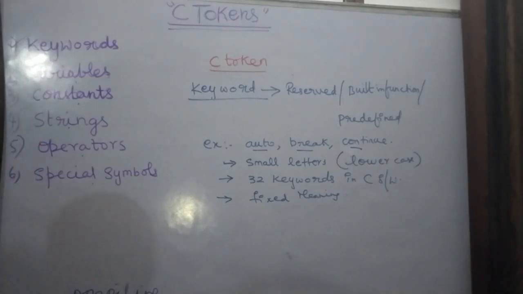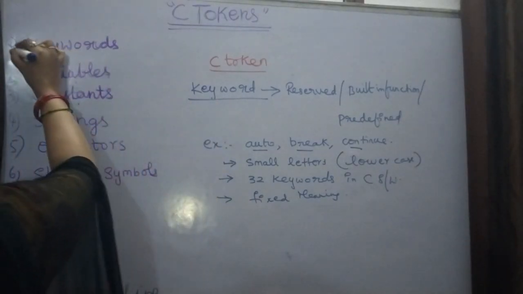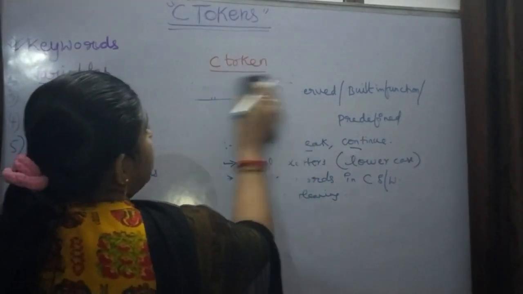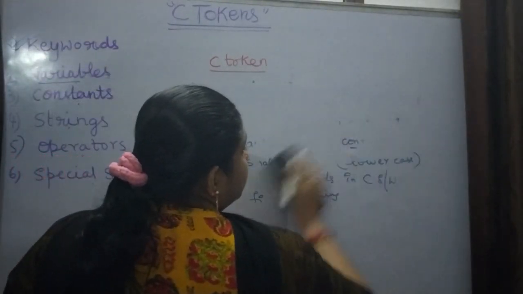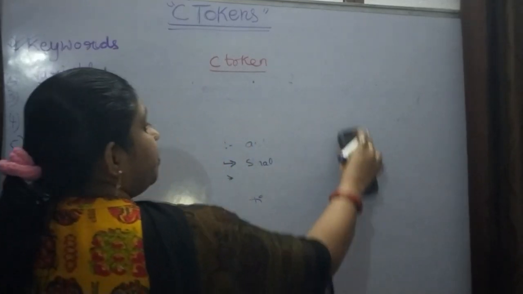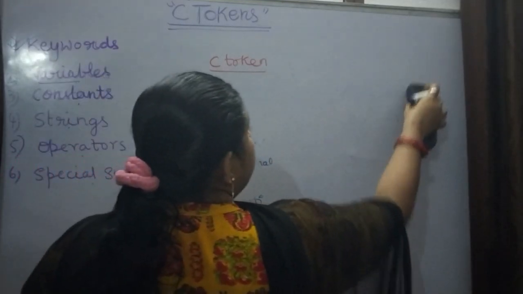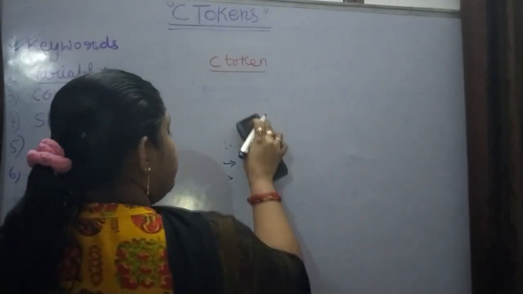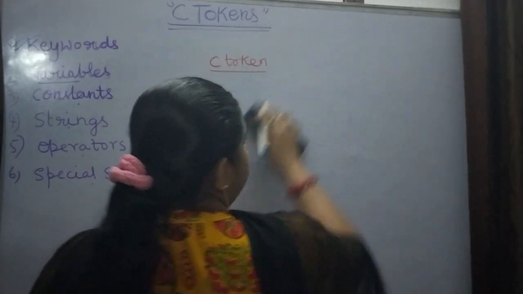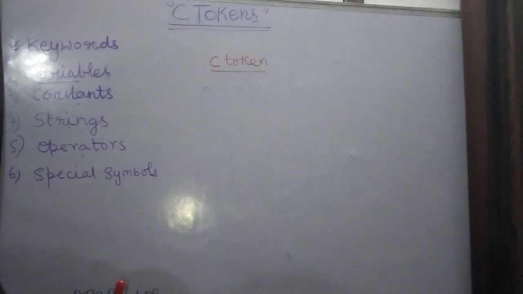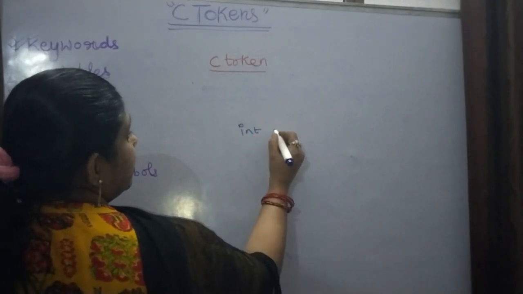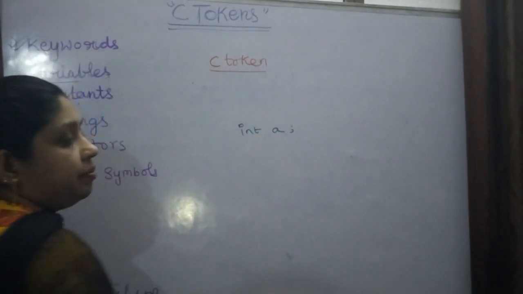Now this is about the keyword. Okay. Next comes the variables. Now what is the meaning of the variables? All of you know, when you write a program, you will be declaring variables, and beside that variable you will declare the data type. Those are nothing but the variables. Suppose you are writing like this, int is a data type and you are declaring a.